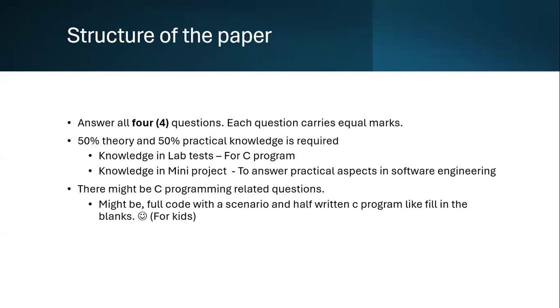Since you have done a very good job in your lab 1 and lab 2, you have very good knowledge in C programming now. These lab 1, lab 2 and lab 3 focused on C programming. So this examination paper would evaluate your C programming experience, whether you have grasped the core concepts of programming.